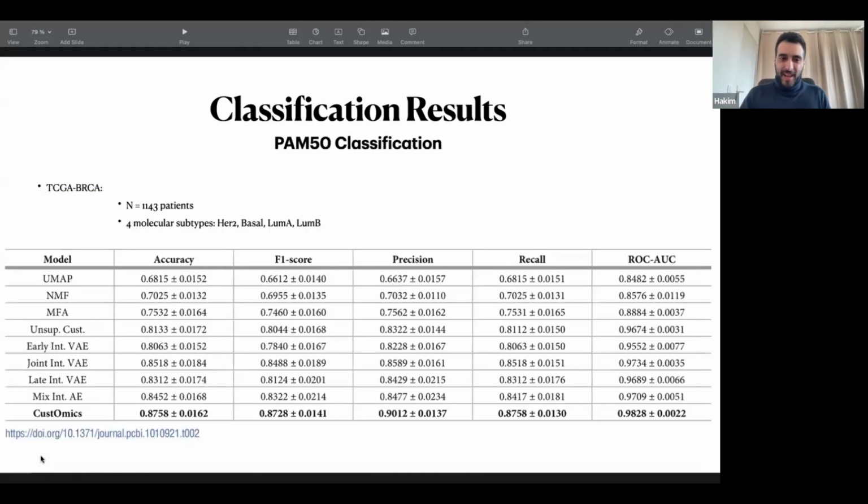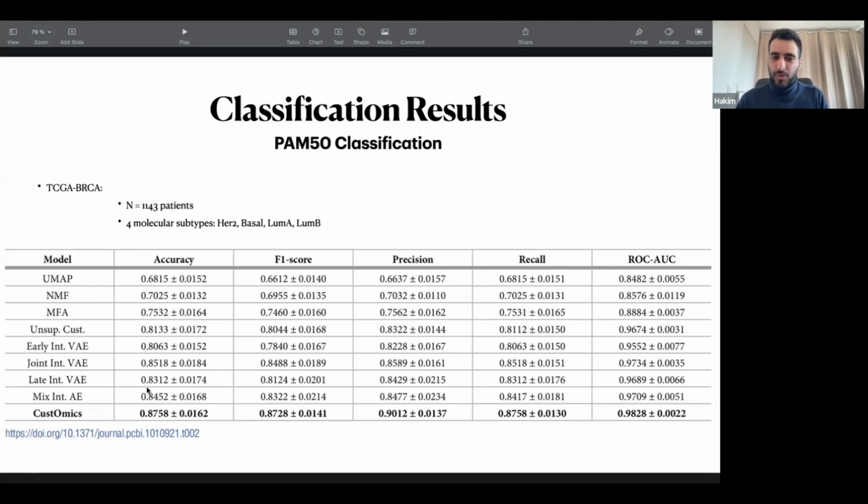Okay, and because in reality we never have 11,000 patients in the cohorts, we tried to test this method on different smaller cohorts of TCGA.